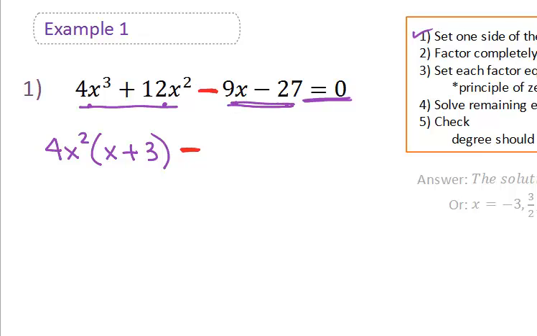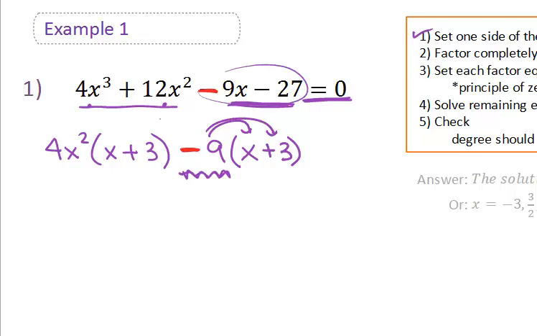Then, in your last 2 terms, you have a 9 in common. So this is like we're actually factoring out a negative and a 9 all at once. That gives us a positive x and a positive 3. If you don't believe me, distribute that negative 9 back in, and you should get the same thing that you had up there. And we still have this equal to 0.